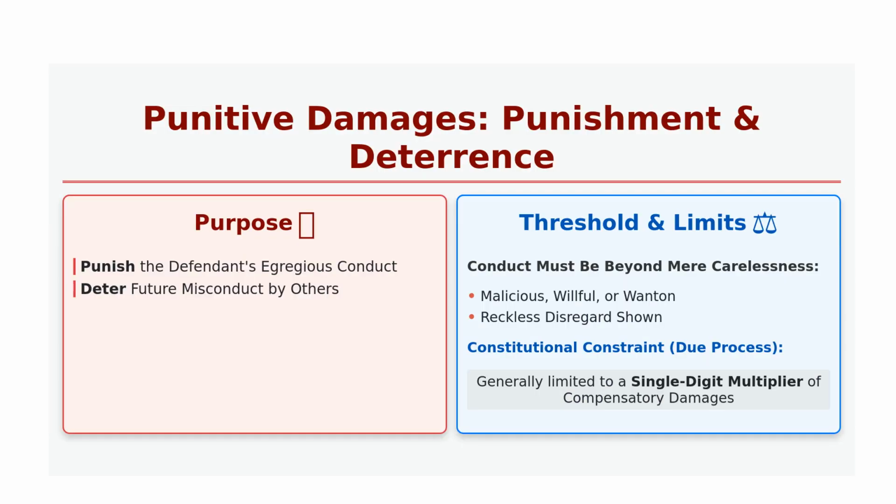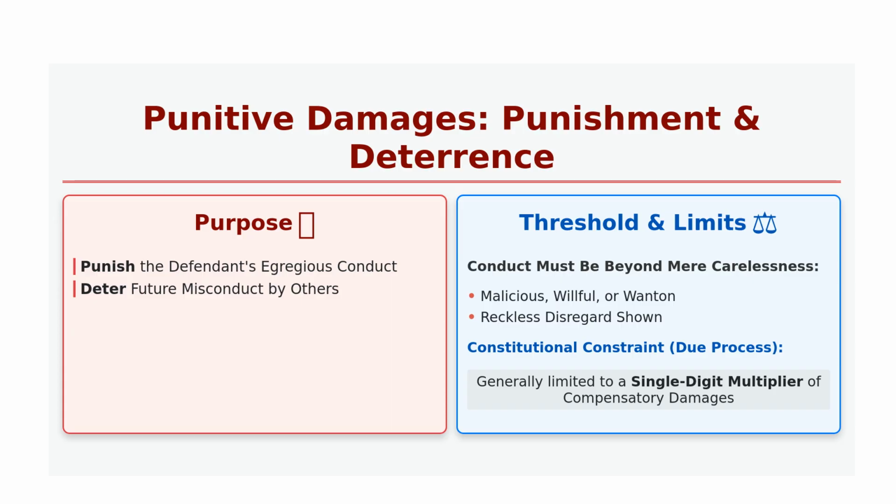We have thoroughly covered compensatory damages, designed solely to reimburse the plaintiff for their losses. However, tort law recognizes a second, much rarer category: punitive damages. These are not intended to compensate the injured party but rather to punish the defendant for truly egregious behavior and deter similar conduct across society.